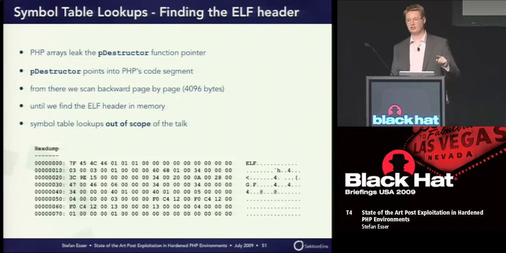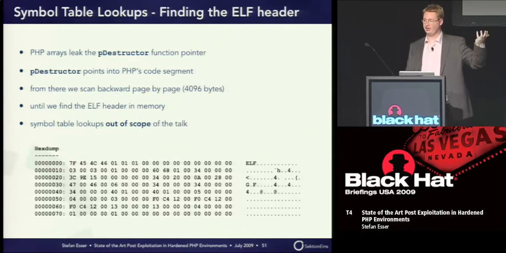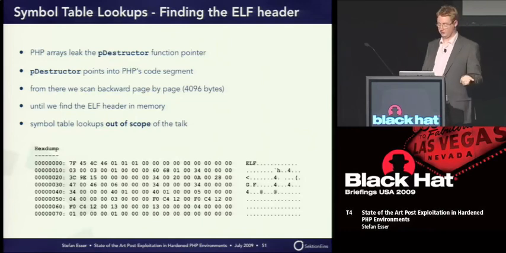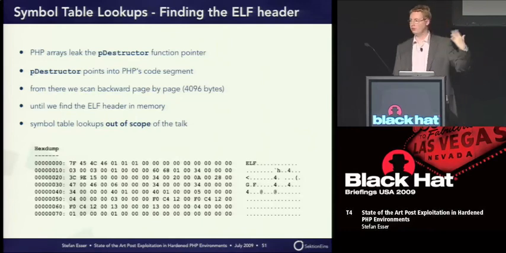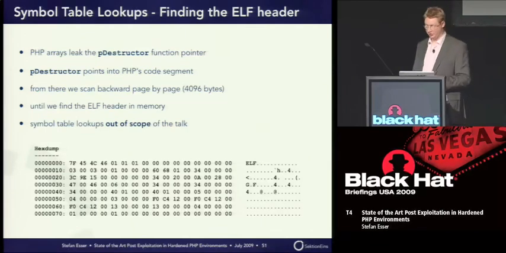And from there, you can just go back page by page in memory and detect the ELF header or the PE header. And from there, of course, you can go through all the internal tables and look up any function you want. How to do this is out of scope. You can look this up in the specification of the ELF file.